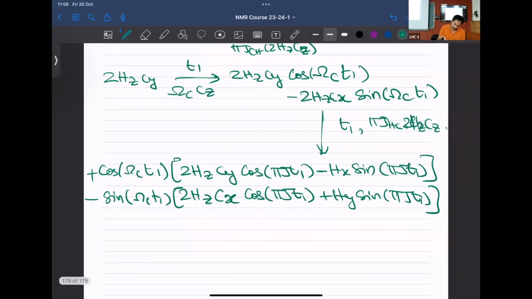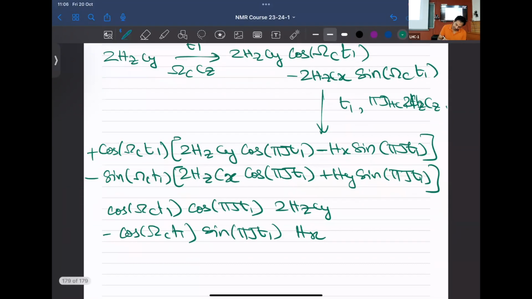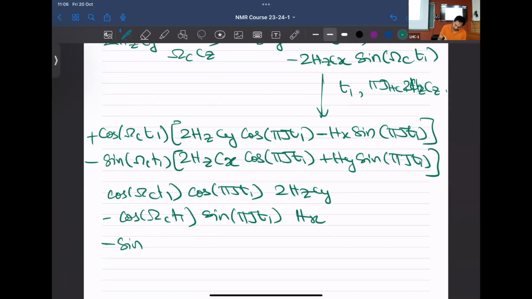Now, how many terms did you get? You got cos omega C T1 cos pi J T1 2HZCY, minus cos omega C T1 sin pi J T1 HX, right? Minus sin omega C T1 cos pi J T1 2HZCX.